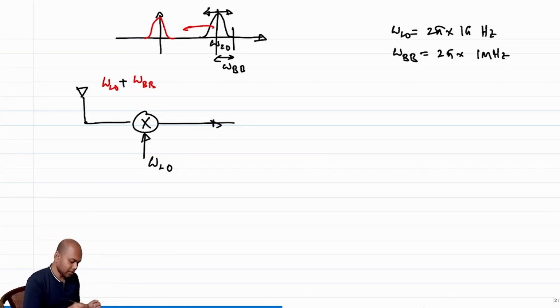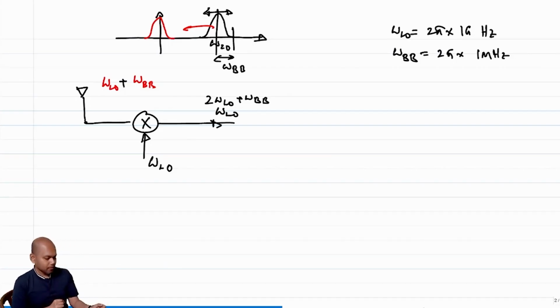So essentially the frequency components that I will get at the output will be 2 omega LO plus omega BB, and I am also going to get omega LO plus omega BB minus omega BB, so I am also going to get omega LO, right? Okay. Note that similar things are going to happen for the negative frequency also. I'm just omitting the negative frequency because essentially everything flips around, right?